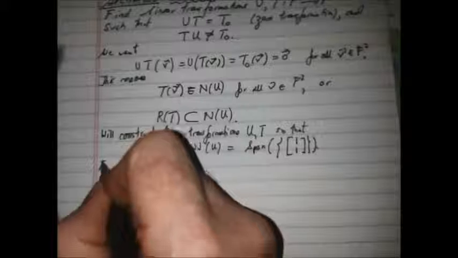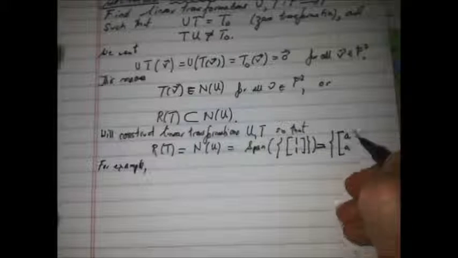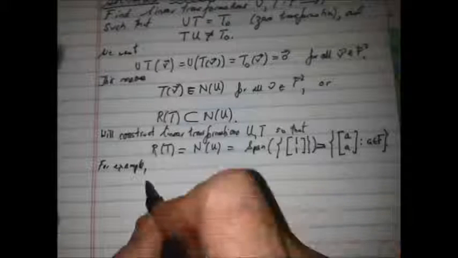Actually, this span is the set of vectors that look like (a, a), such that a is in F. So we want all the vectors in the range of T to look like that.